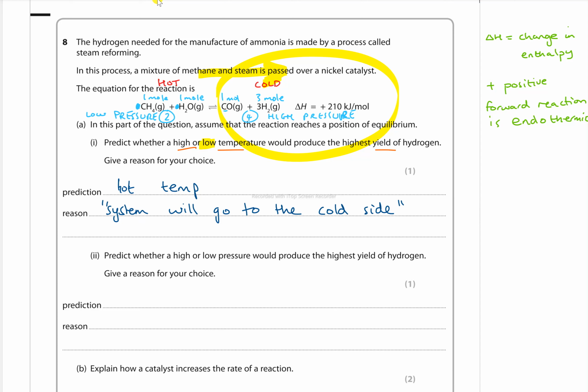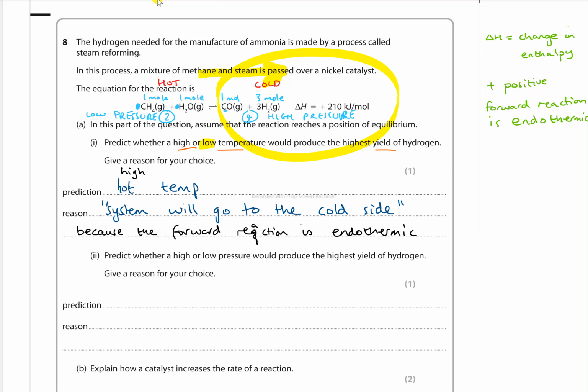Now what do we mean by that? Because the forward reaction is endothermic. Yeah. So we're going to use high temperature or hot temperature.